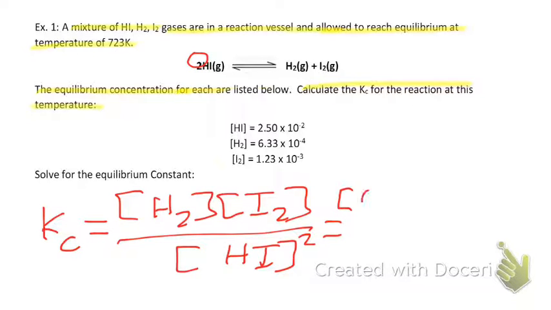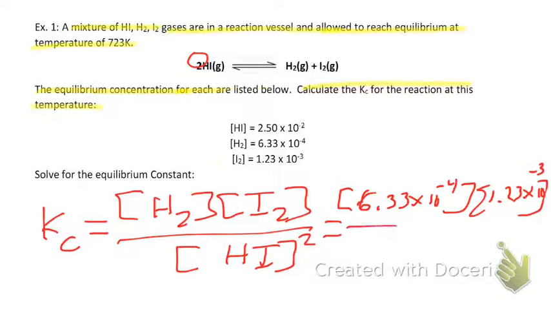Okay, so 6.33 times 10 to the minus 4 times our iodine concentration, which is 1.23 times 10 to the minus 3, bracket that, all over our concentration of HI, which is 2.50 times 10 to the minus 2.